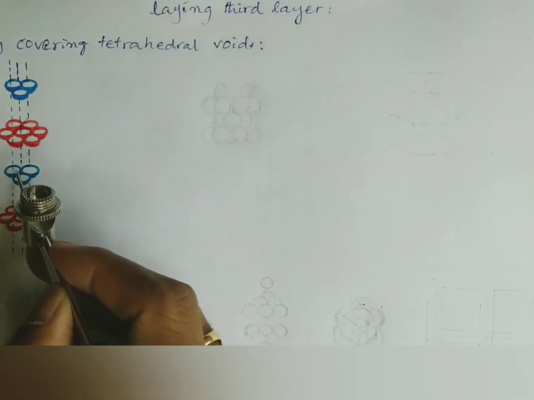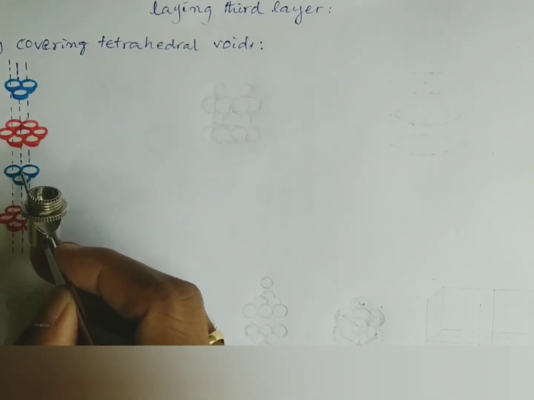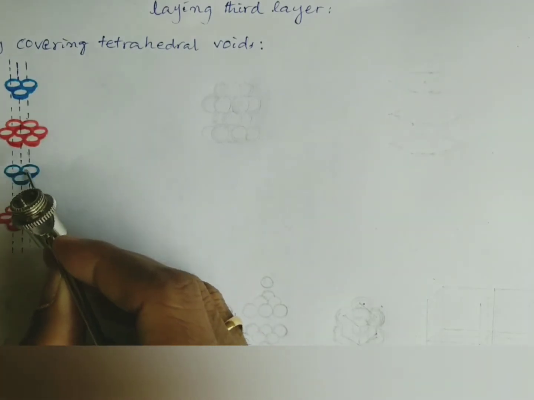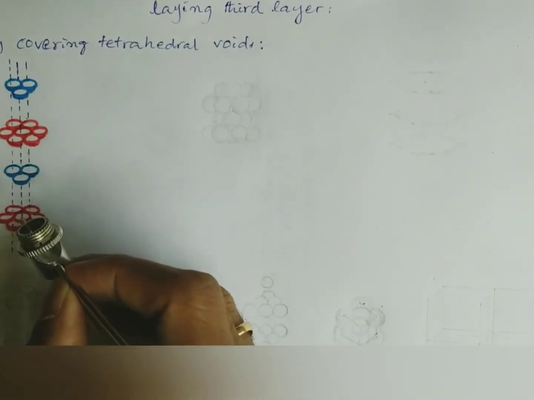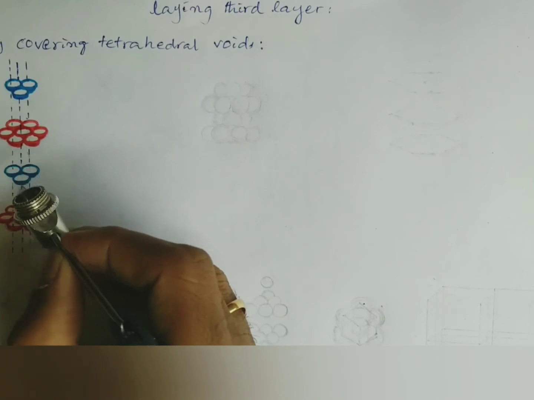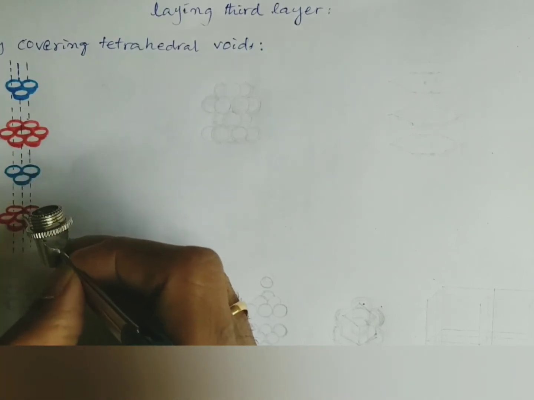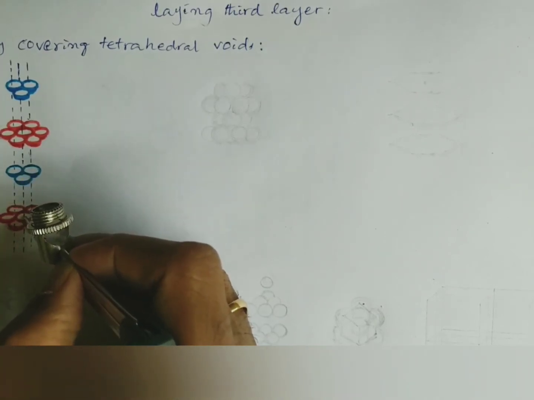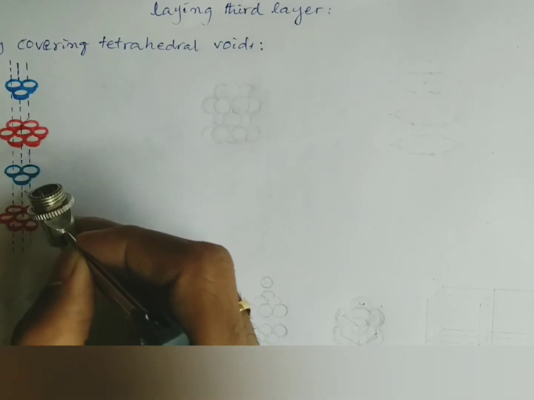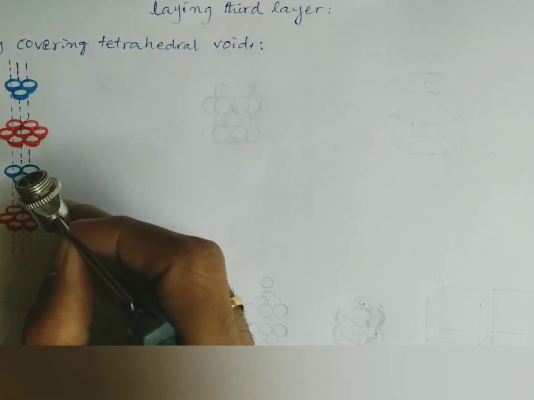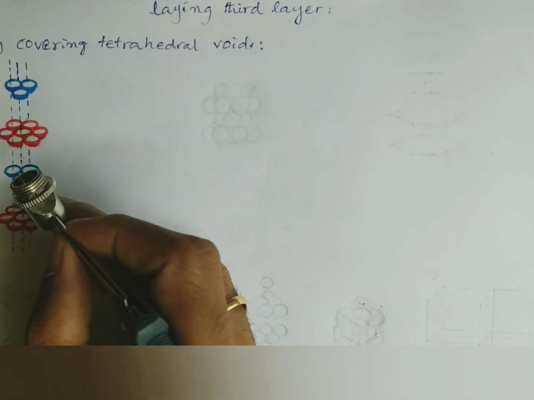Now after laying these three atoms, one more tetrahedral void is formed at the center, because these three atoms along with this central atom form another tetrahedral void. So this tetrahedral void is created by four atoms like this.